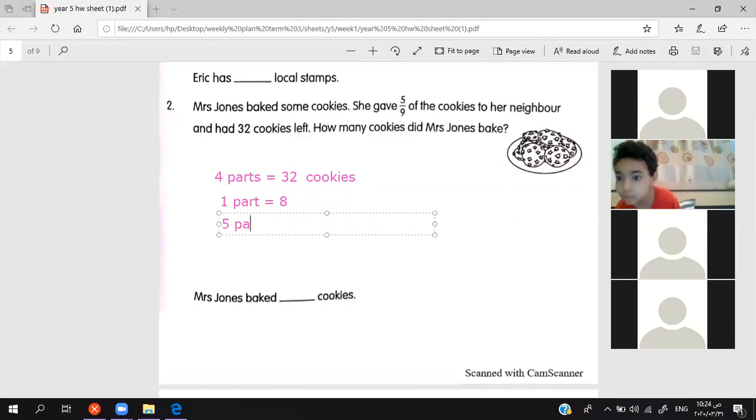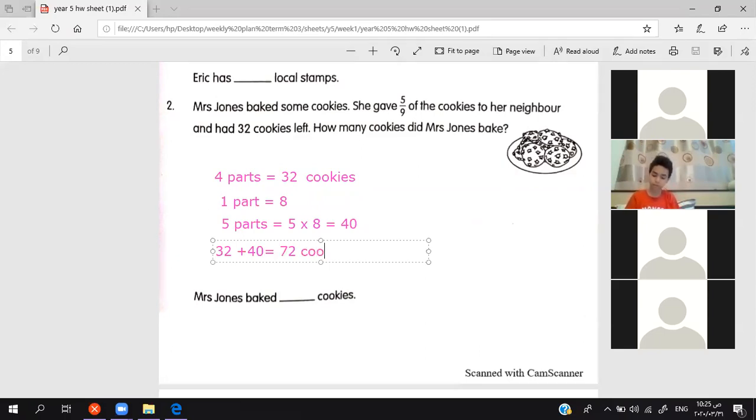The 5 parts is 5 times 8, which is 40. Can I get all the 9 parts? How many cookies were there in total? 32 cookies and 40 cookies. So at the end I have 72 cookies.